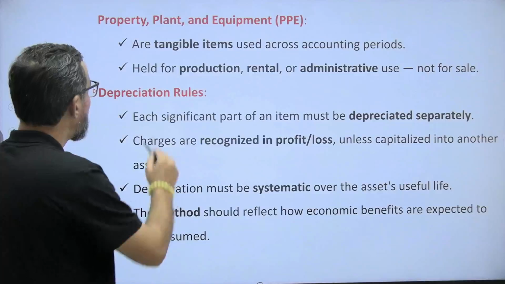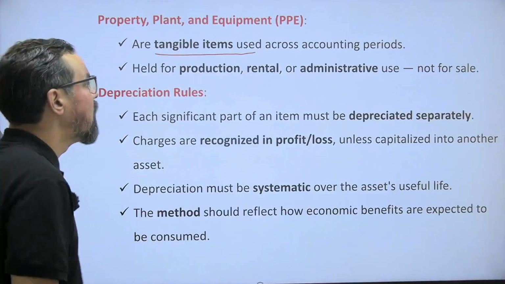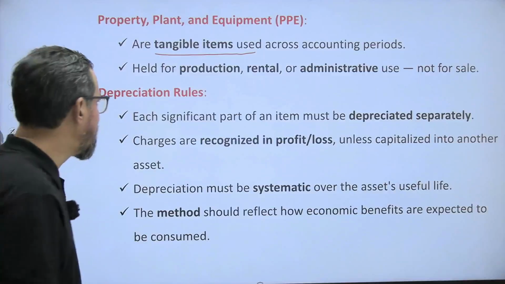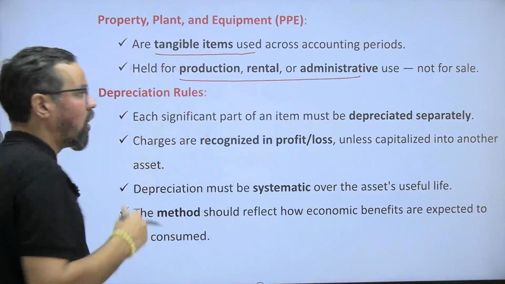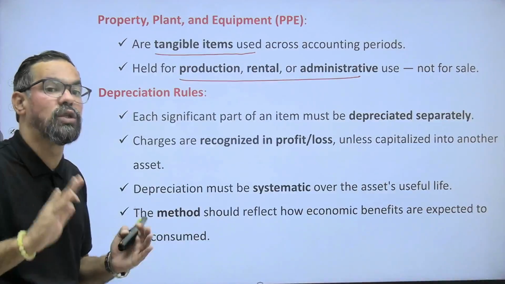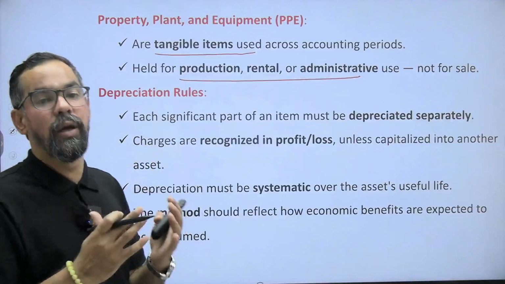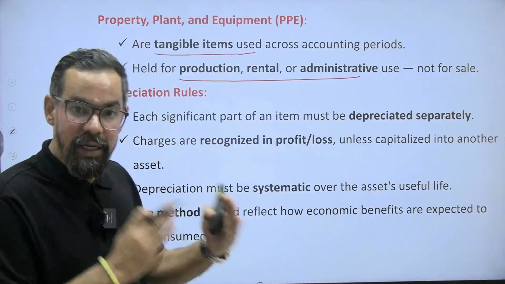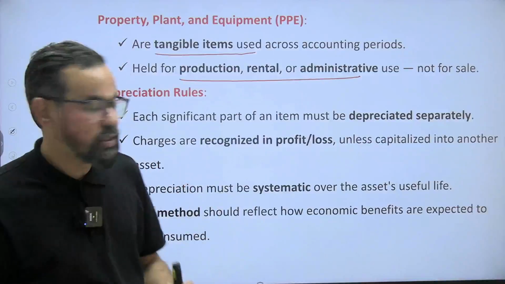Next one, property, plant, equipment: tangible assets, items used across accounting periods, held for production or rental or administrative purposes, not used for sale. Let's say that car is not for sale, that laptop is not for sale. We are going to use those particular equipments as an asset in our business, so it can generate some revenue for the business itself, right?